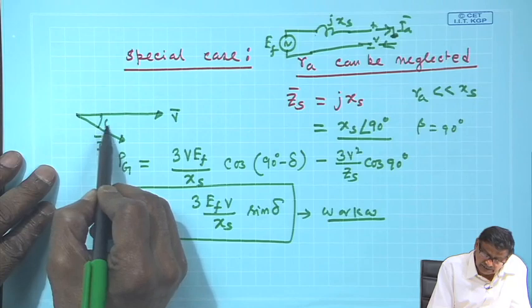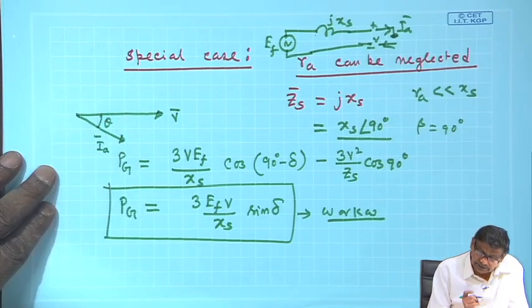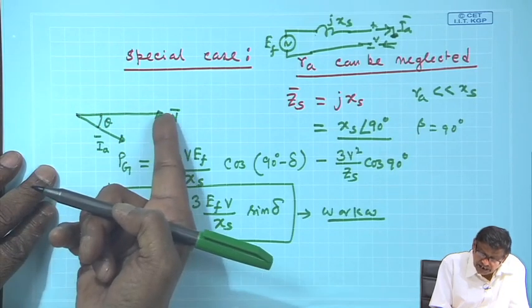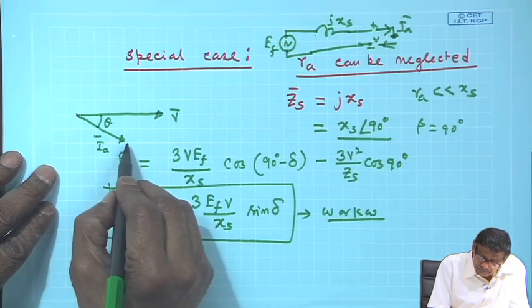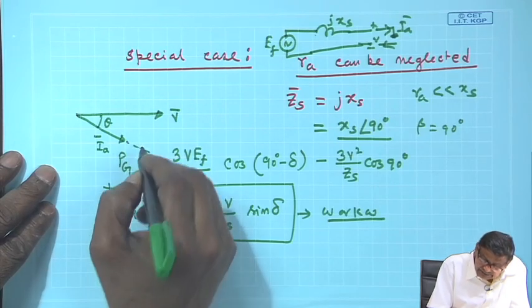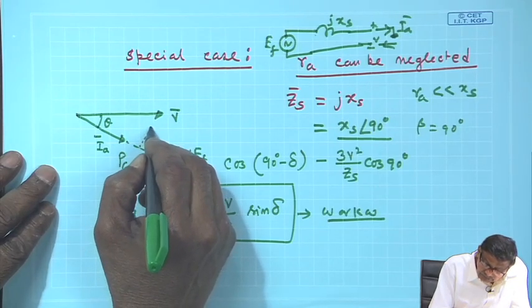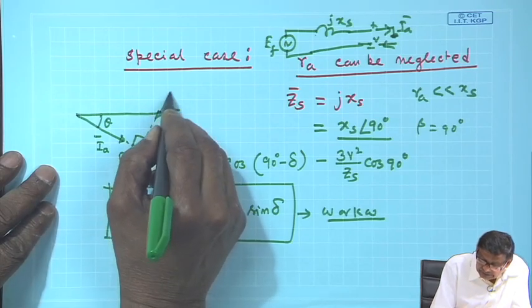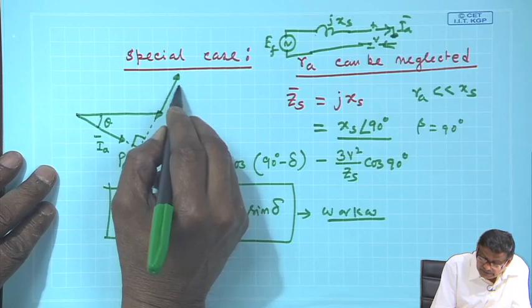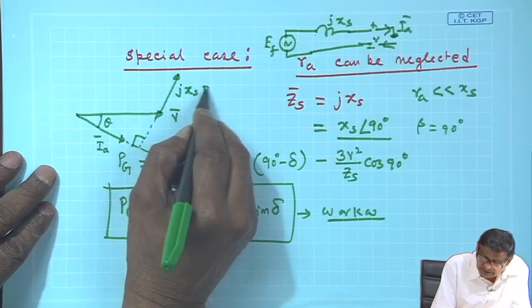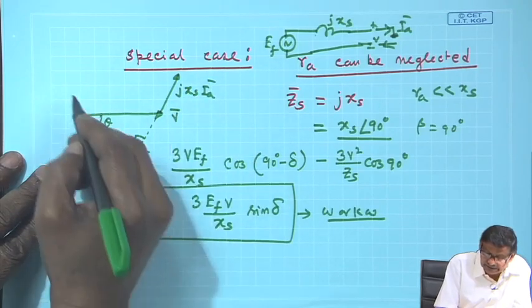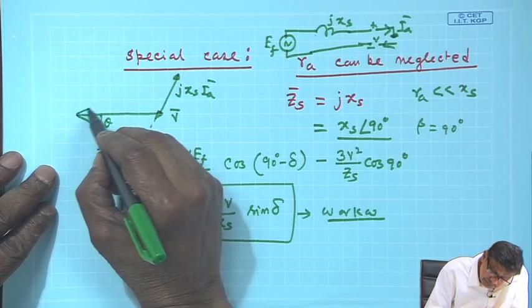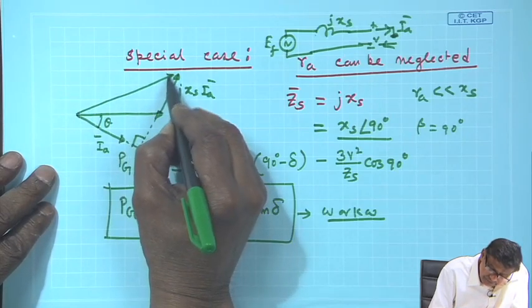Load power factor is suppose theta, IA theta. Then to V no IARA, only thing IA JXS you have to add. So, drop a perpendicular here, extend this JXS into IA, it will be here 90 degree, and here is your EF.